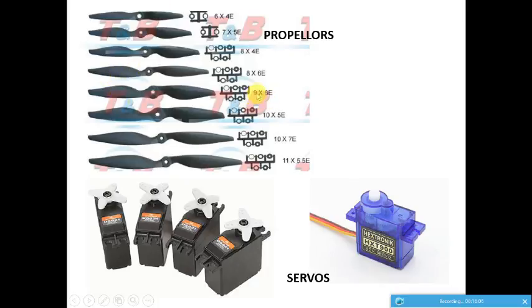The first number, 9, indicates the dimension, the diameter, so this is 9 inches. In 9x6, the 6 is nothing but the pitch angle. You know that the propeller is slightly bent in either direction. There's some angle on either blade of the propeller. Those pitch angles are depicted by these numbers: 5, 6, 7, 5.5.